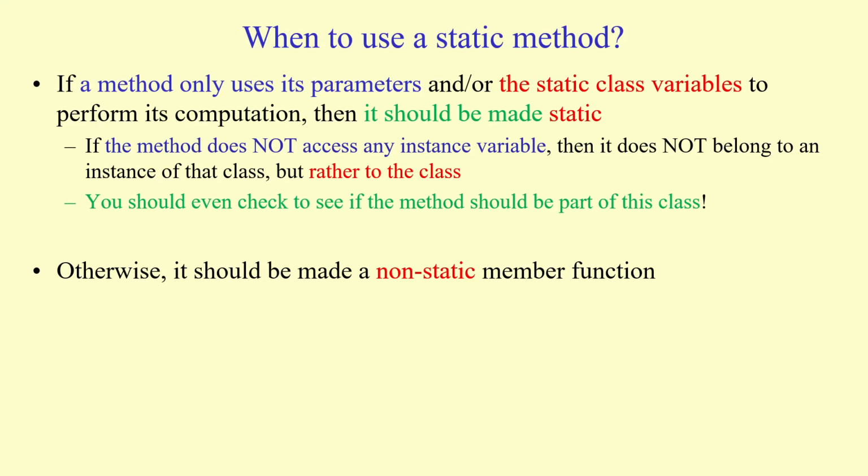You should even check to see if the method should be part of this class, because maybe it should not even be part of this class and maybe be located in some other namespace. Otherwise, if your method is using any of the non-static member variables of your class, then it should be a non-static member function.